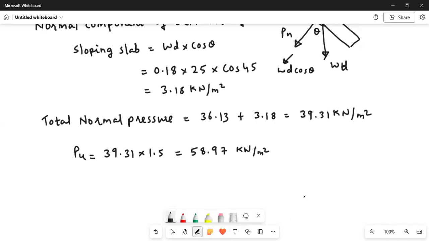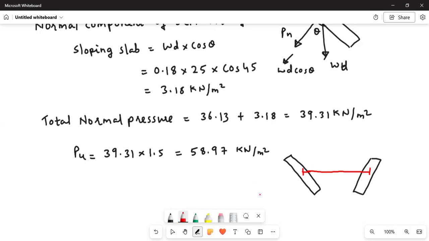And you need to take the mean length. This is your hopper bottom, like this. We have already taken the mean length, but we need the effective length of the hopper bottom, so you need to add the thickness of the sloping slab.